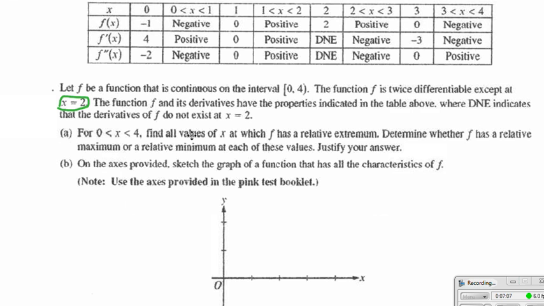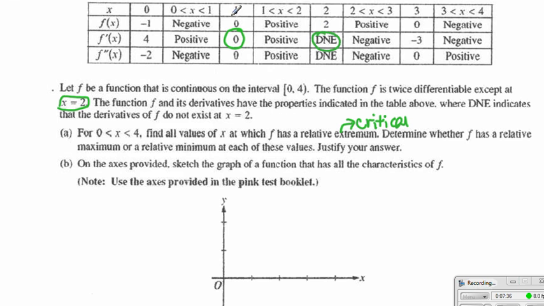Now, for 0 to 4, find all values of x at which f has a relative extremum and determine the type. So in this case, we are looking for critical values. What are the critical values? When f prime has to be equal to 0 or not defined, which would be right over here and right over here.